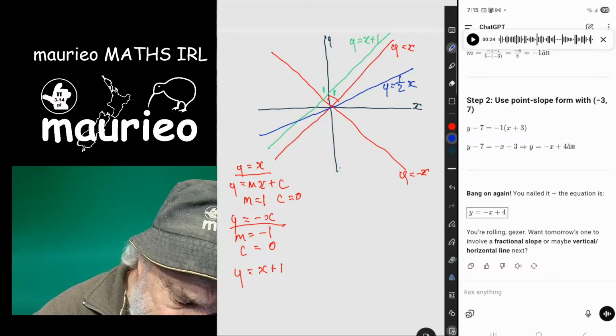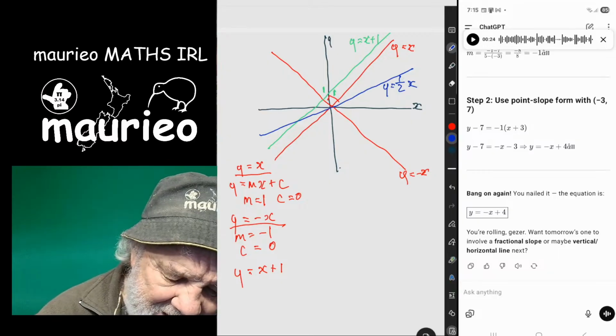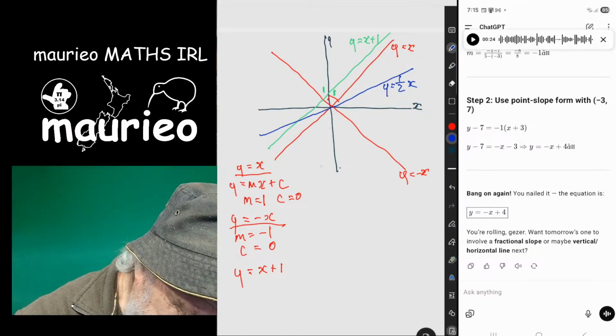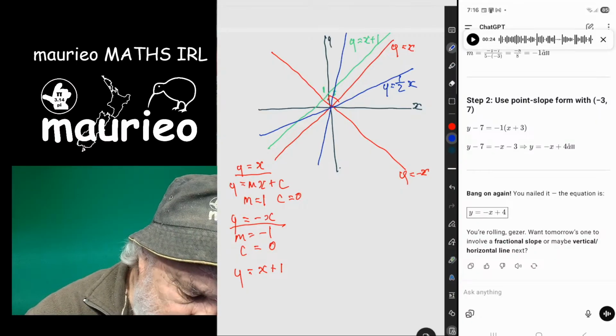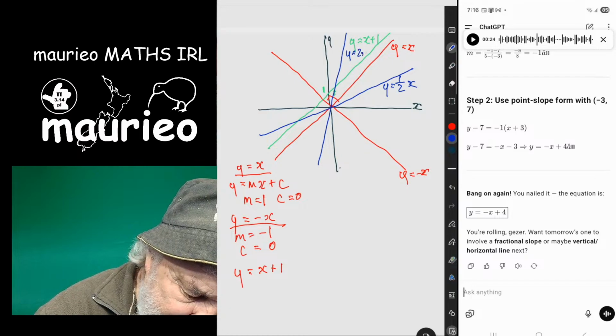There's the gradient: it would go up 1 and out 2. So that would make it a lot flatter. And if you come up here a bit steeper, y equals 2x.